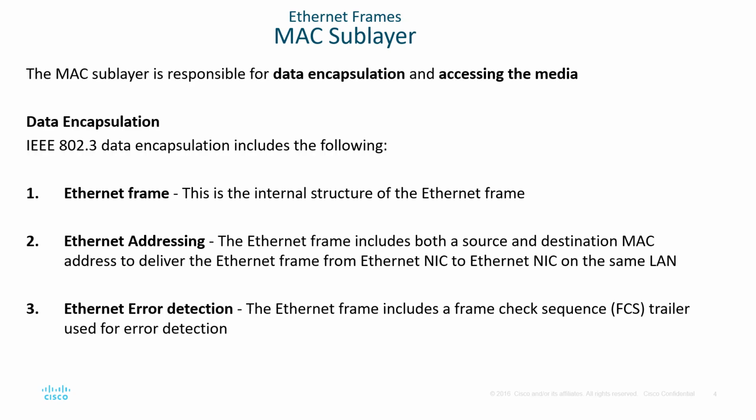It also includes Ethernet error detection. Remember that the Ethernet frame includes a frame check sequence trailer. Within that trailer is a CRC value, cyclic redundancy check. As a source is generating information, it runs a mathematical algorithm that generates this value. Now you don't need to know how that algorithm works.